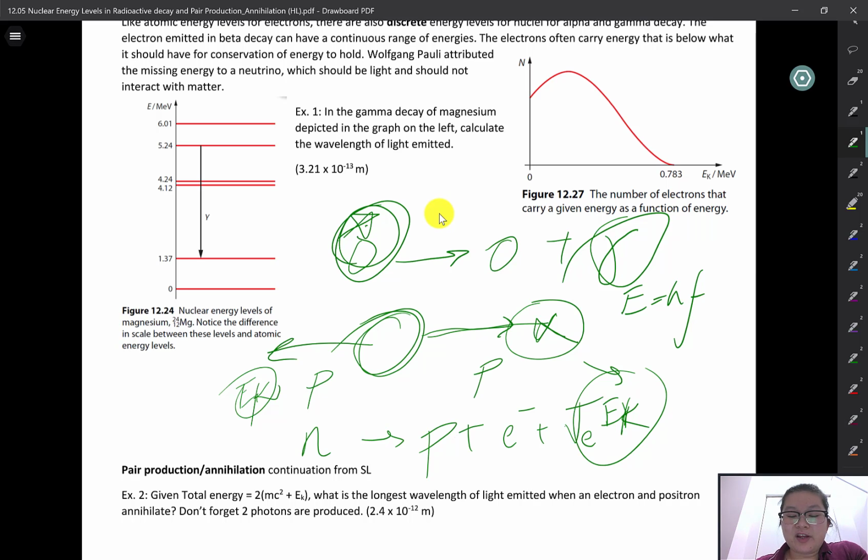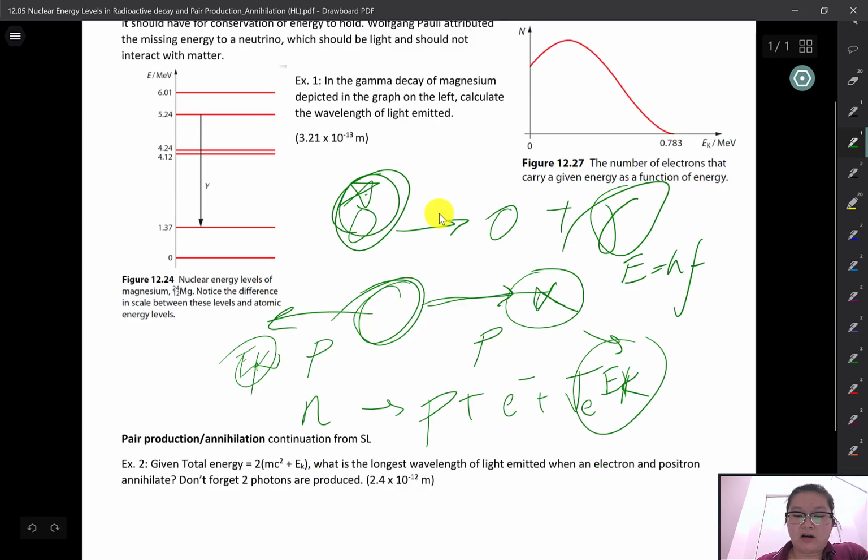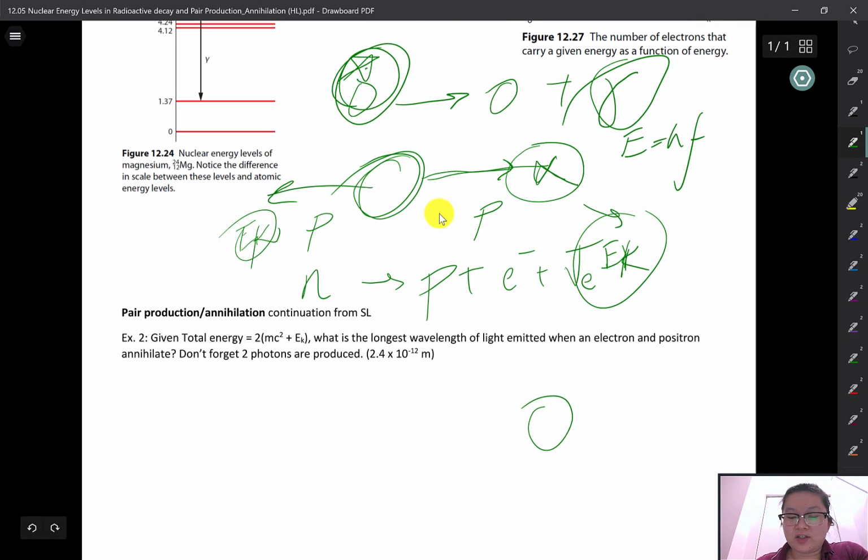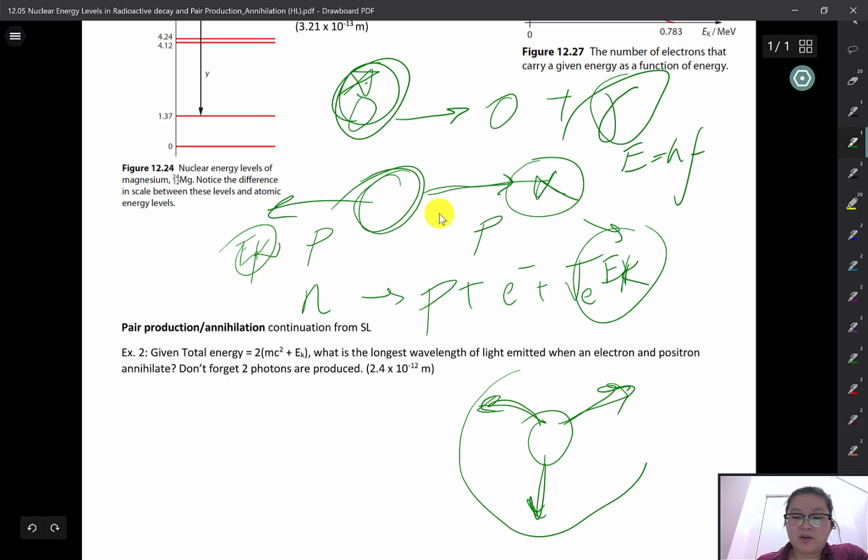So there are going to be three particles coming off of one another. As long as after you sum up all the momenta, they are constant before and after in all the different directions, then you could try to look at different energy levels of this nucleus.